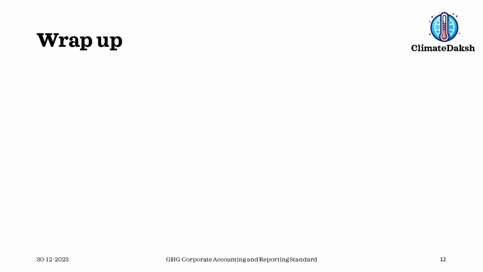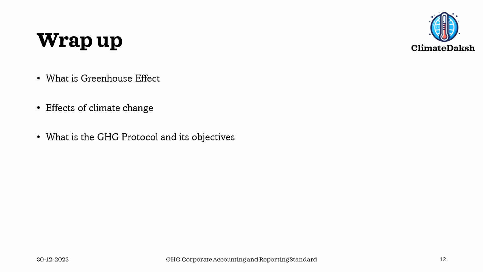Now we have come to the end of this session. So as a wrap up, let's see what we have learned. We have discussed what a greenhouse effect is. We have also seen the impacts of climate change due to global warming. We have seen what the GHG Protocol is and discussed its objectives.